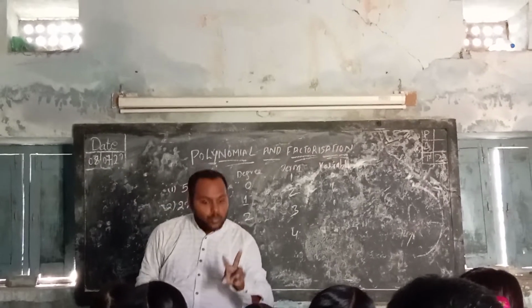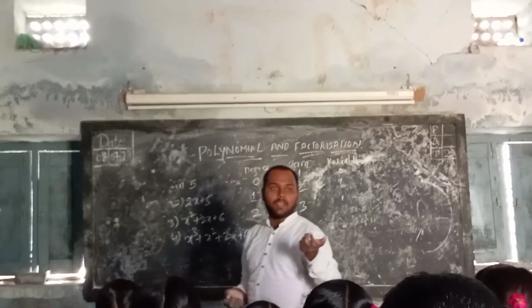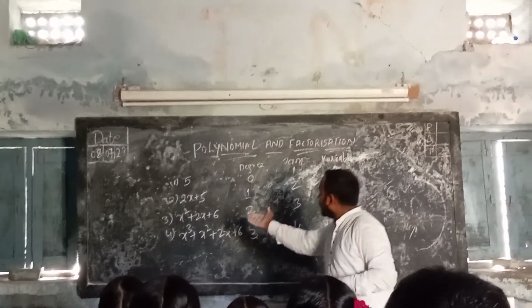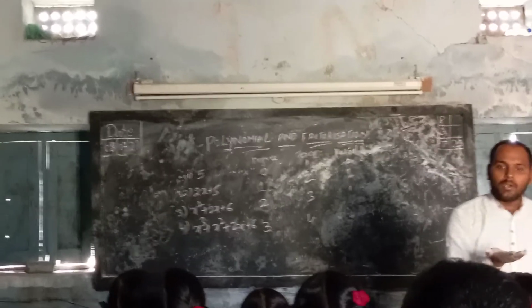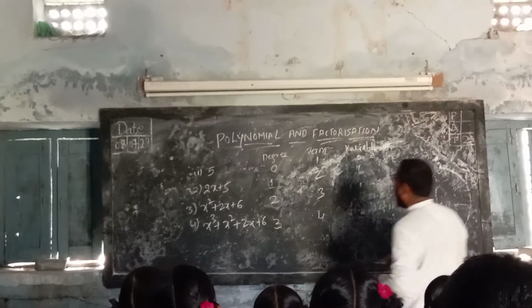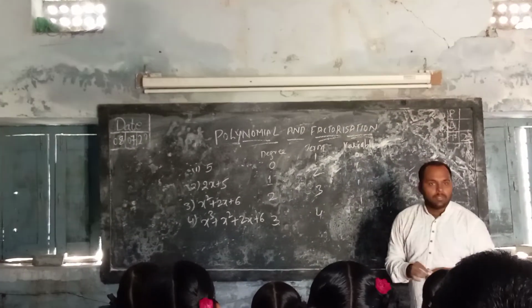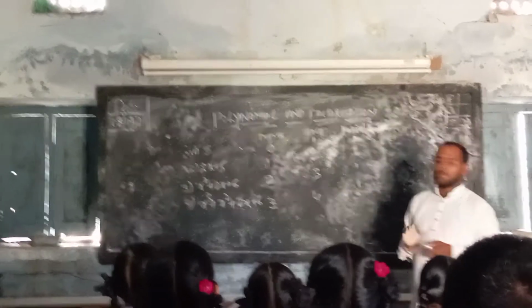X and y means 2 variables, 2 different letters, if you are using this. We are using the whole expression as a single variable. We are taking x only, no? Have I taken any other variables? No. That's why for all, 1 single variable only. That's what I said. You should understand.